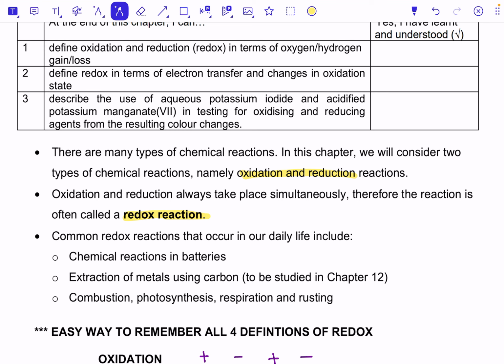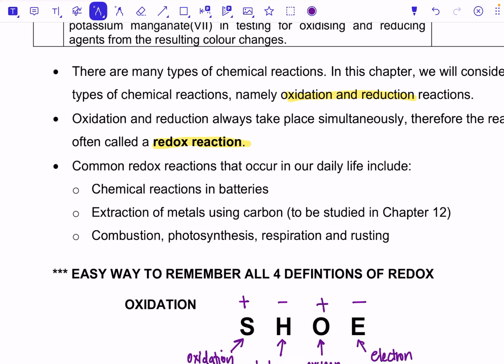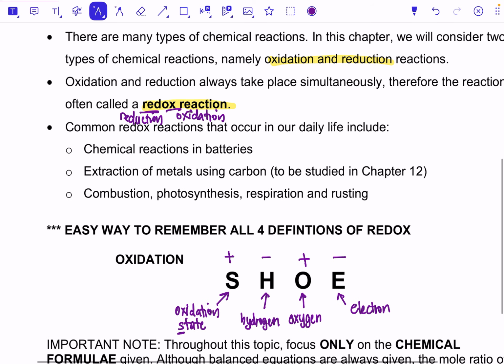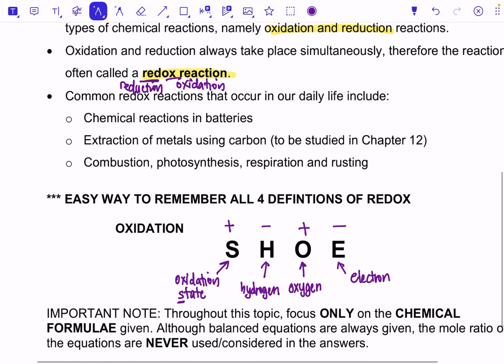Why? Because in redox, the RED stands for reduction and the OX stands for oxidation. Clear? Alright, so in future I will not say oxidation and reduction anymore. Usually I will just short form it as redox. There are a lot of reactions that are redox type in our syllabus, but we will not go into this. We will just look at some examples later on.